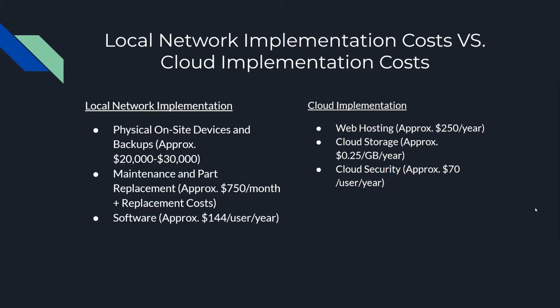Whereas cloud implementation allows you to have this third party take care of it, which makes it significantly less expensive and requires significantly less management and maintenance costs. I believe that does it for the rest of our presentation.